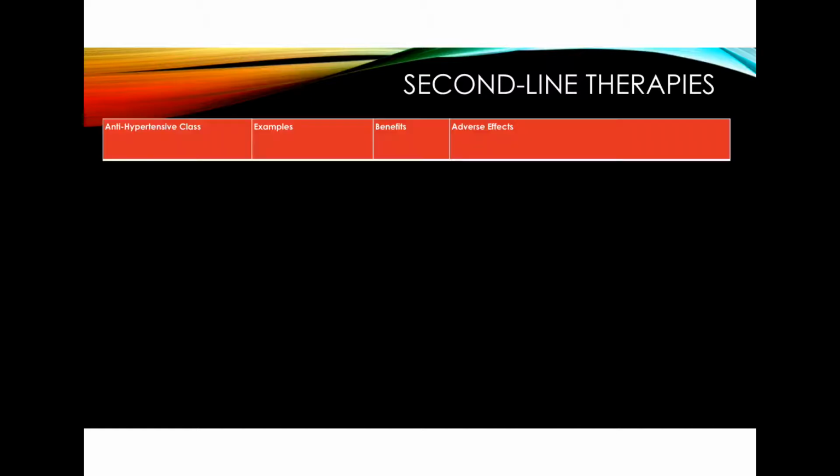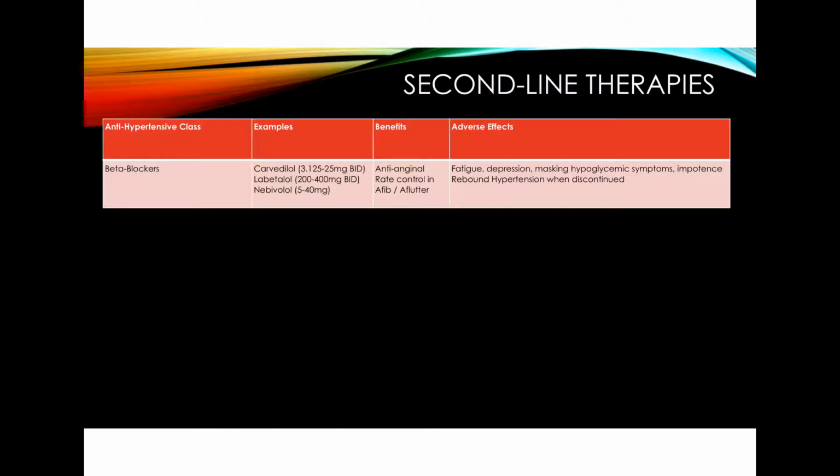In addition to the recommended first-line therapies, there are second-line therapies that are used when the first-line therapies aren't enough to control the patient's blood pressure, or the patient has other comorbid conditions that would warrant treatment with these agents. These include the beta blockers, such as carvedilol, labetalol, and nebivolol. These are the beta blockers that are most effective at reducing a patient's blood pressure.